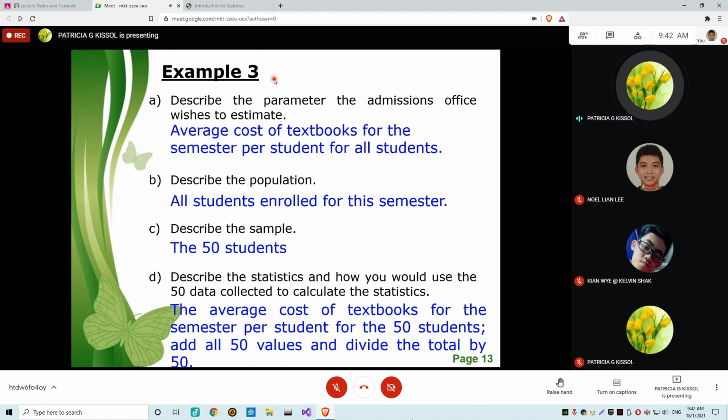From a scenario given, you are to describe the parameter, find out the population from the scenario, decide what the sample is, and find out the best statistical method to find the solution. So expect this to be asked as a question from chapter 1 in your test.